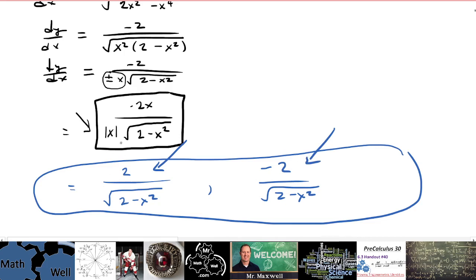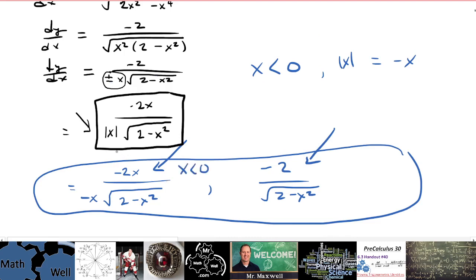Well, again, if we go back, the absolute value of x, when x is actually less than 0, then the absolute value of x really is equal to negative x. So in this plus or minus x, x is minus x when x is less than 0.